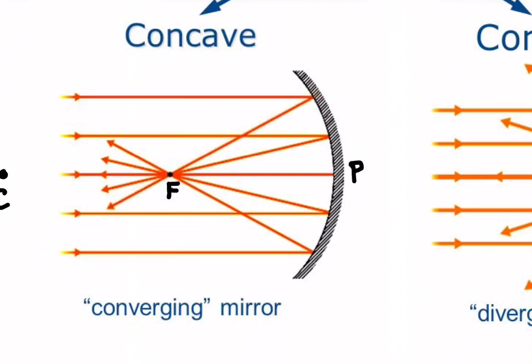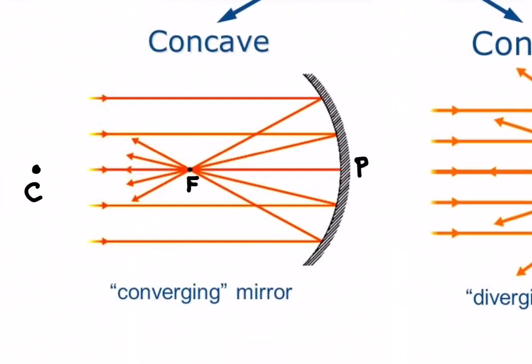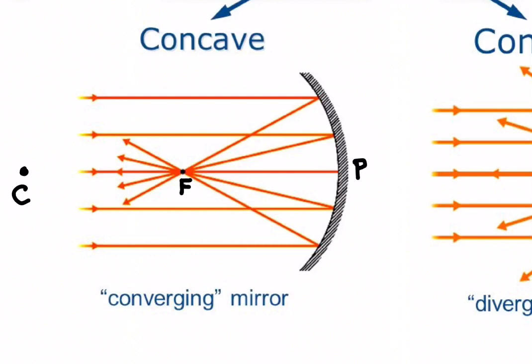That fixed point is called the focus. All the rays of light traveling parallel to the principal axis pass, after reflection, through a fixed point on the principal axis, called the focus. The focus is on the same side as the concave mirror.